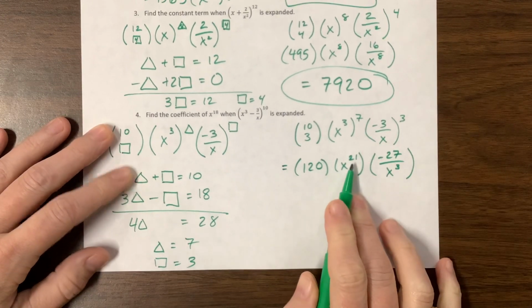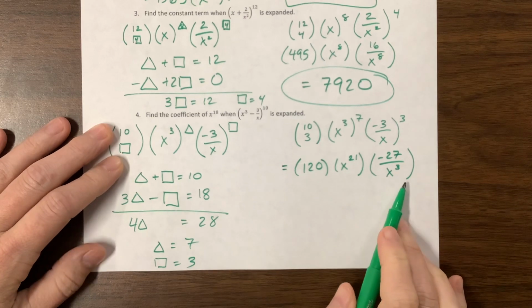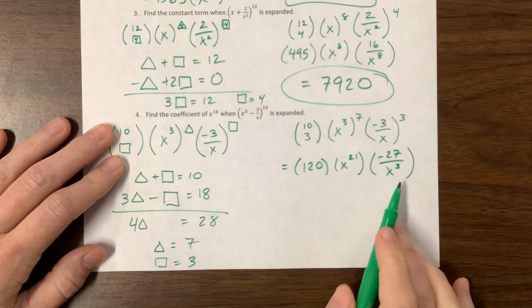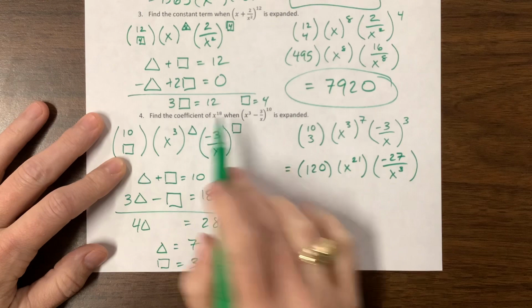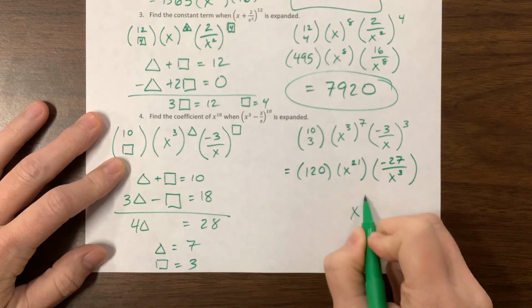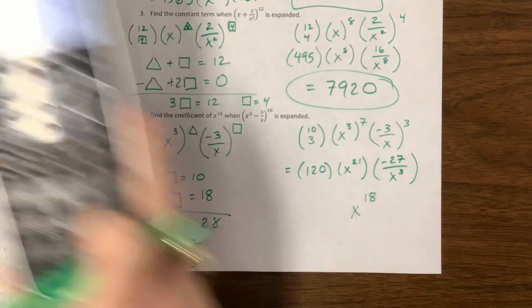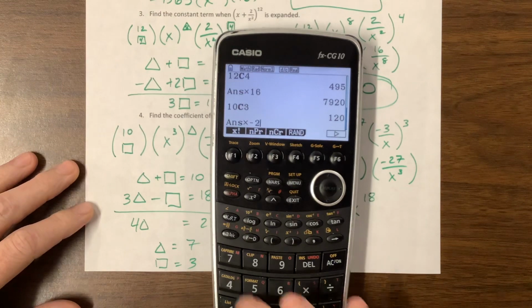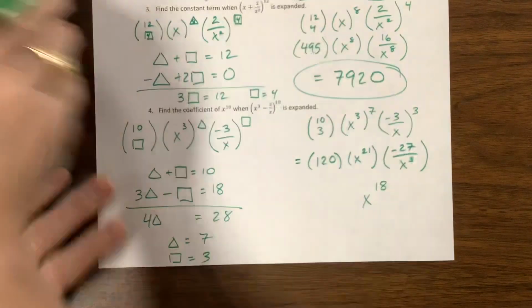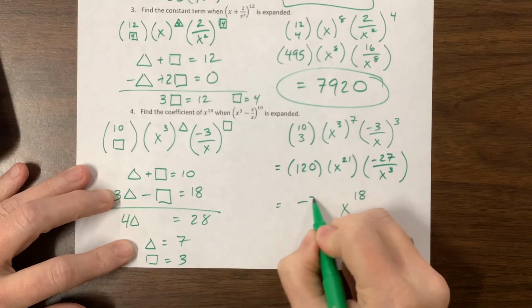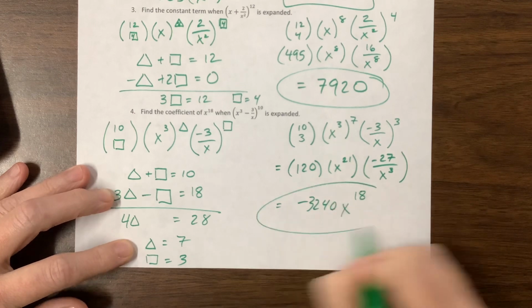Notice I have 21 x's in the numerator and 3 x's in the denominator, and 21 minus 3 is 18. That's what I wanted. Now I have x to the 18. I have to take 120 and multiply it by negative 27, and I get negative 3240, and there's my answer.